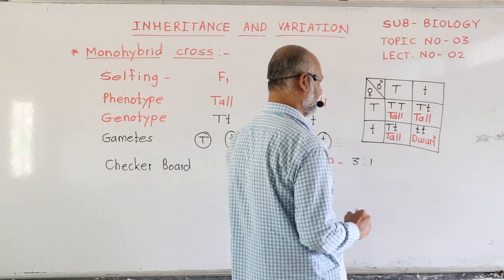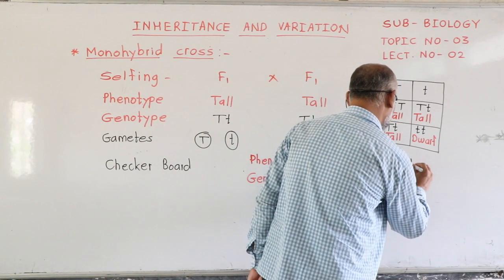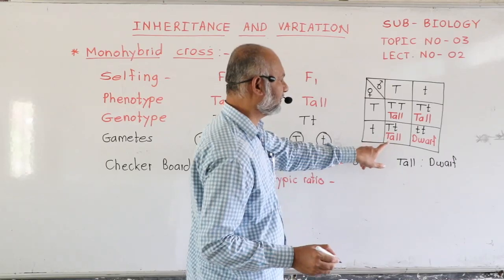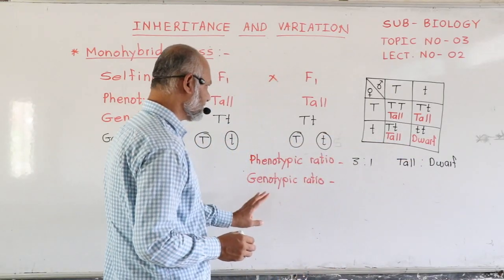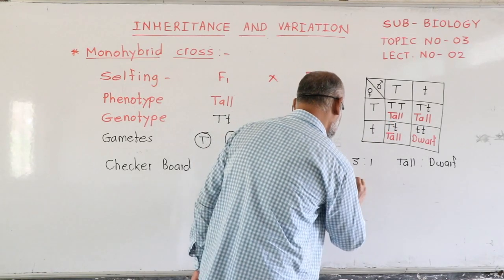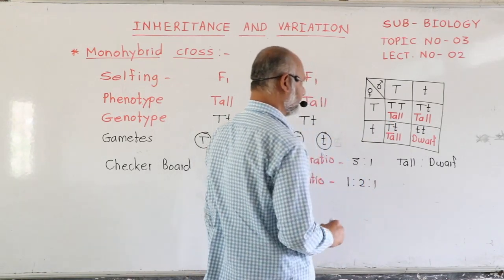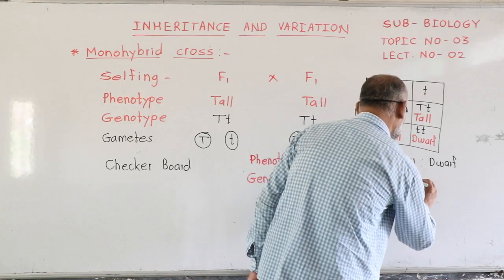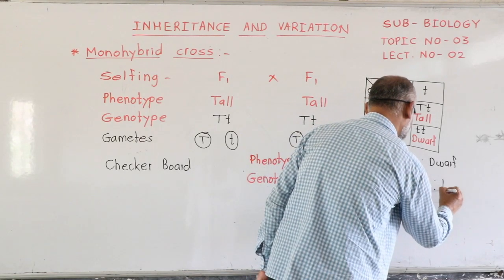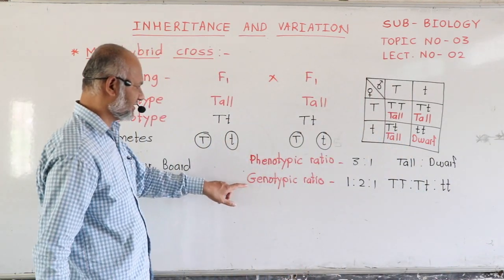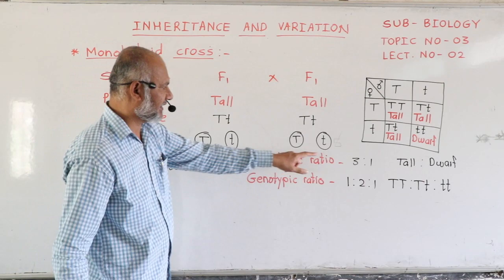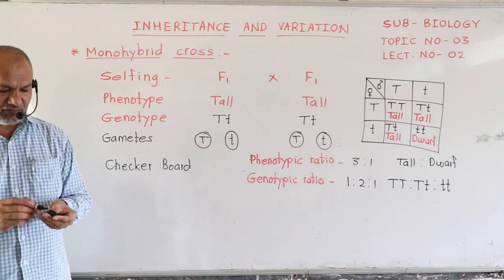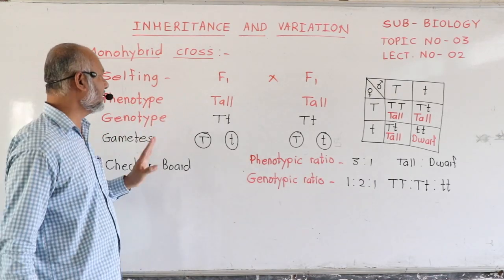Genotypic ratio is 1:2:1, that is 1 homozygous tall, 2 heterozygous tall and 1 homozygous dwarf. This ratio is termed the genotypic ratio, and the other is the phenotypic ratio. Okay. It is the first cross carried out by Mendel, the monohybrid cross, a cross between two homozygous parents by considering a single pair of contrasting traits, in which Mendel crossed two homozygous parents, one tall and another dwarf.